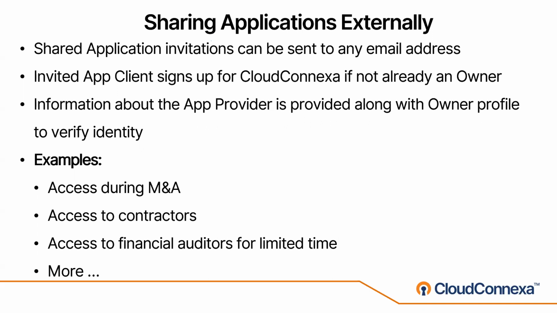Now, there are multiple examples why you would want to share applications externally. Some of them here is, if you're undergoing an M&A and you have two completely different networks, two different groups of employees, and they are coming together under one company.